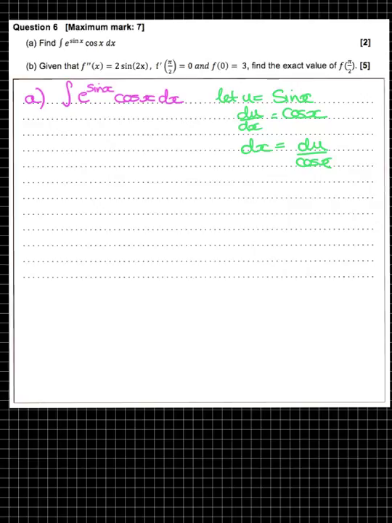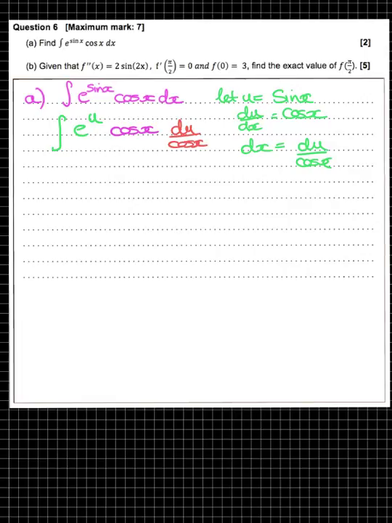It's not really what's going on. So we've got the integral of e to the u, okay. Then we've still got this cos x there that was there before. And then in replace of the dx, I'm going to write du on cos x.